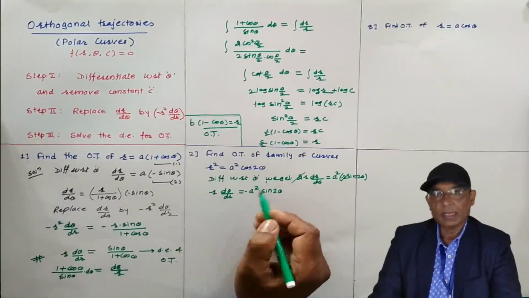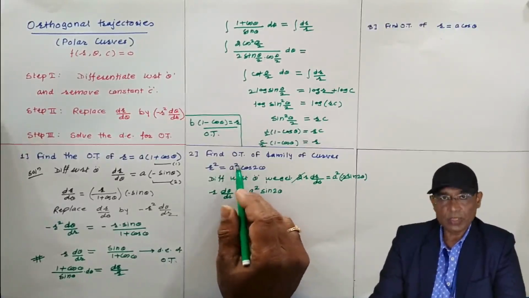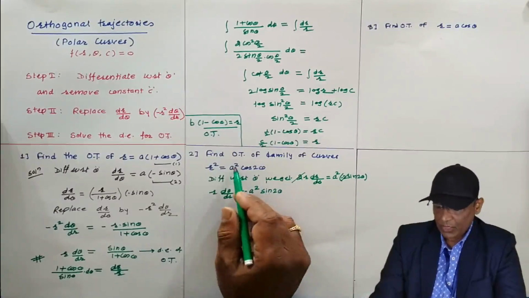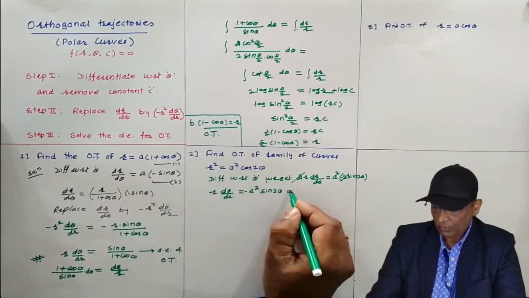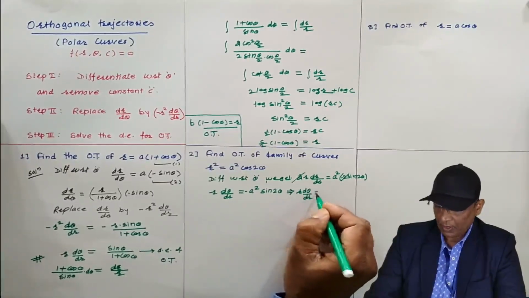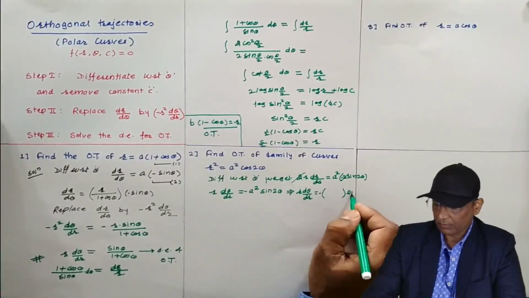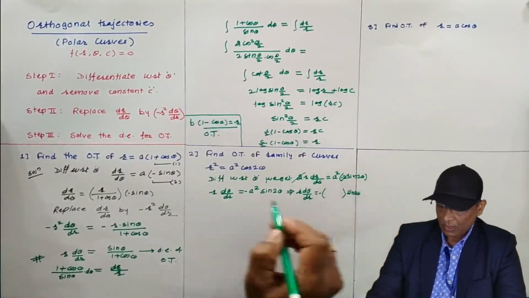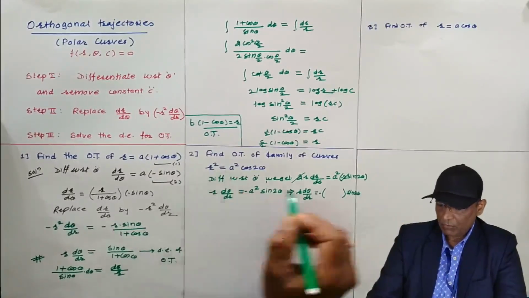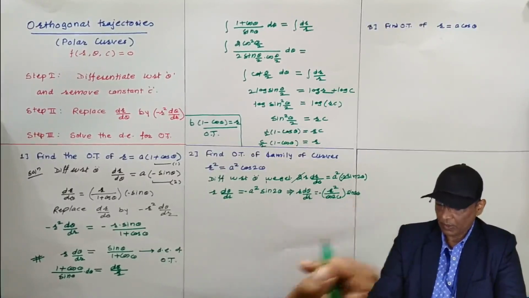Okay. So after taking the derivative, try to remove the arbitrary constant. A square is the arbitrary constant. So remove a square from here. So what to do? This equation r d theta by dr as it is, and a square sine 2 theta. A square is what? r square by cos 2 theta. Okay.